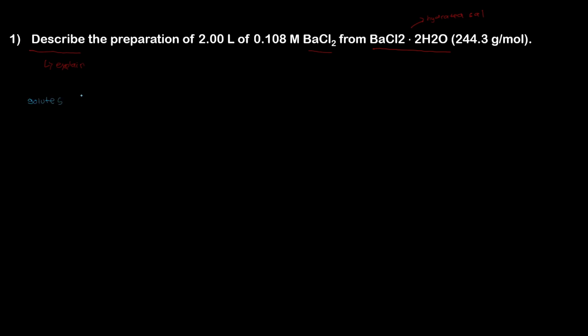solutes, so in this case, BaCl2 particularly starts in its crystallized form. When we hear crystallized form, it is usually in solid state, which we prefer when we want to prepare solutions efficiently.